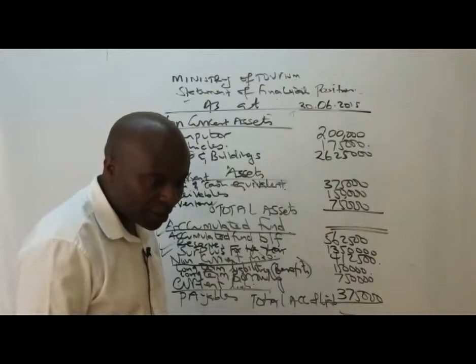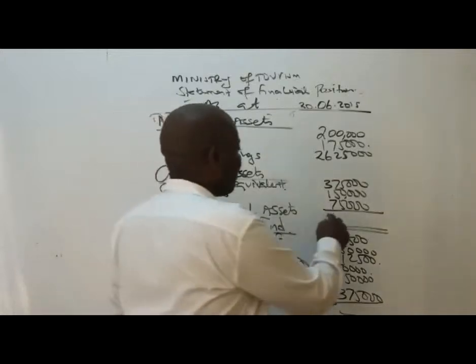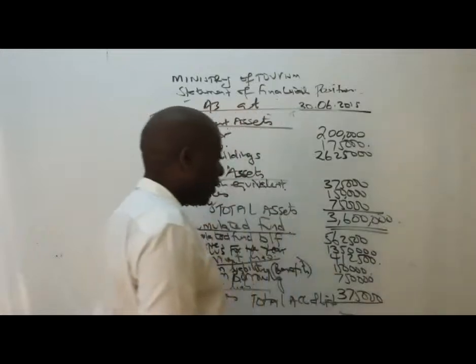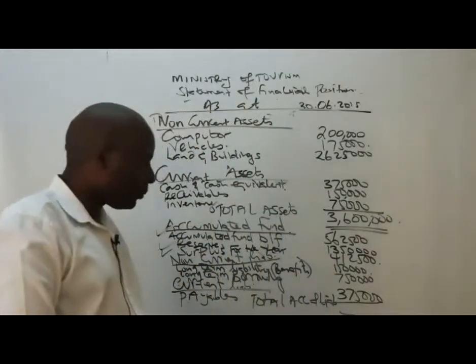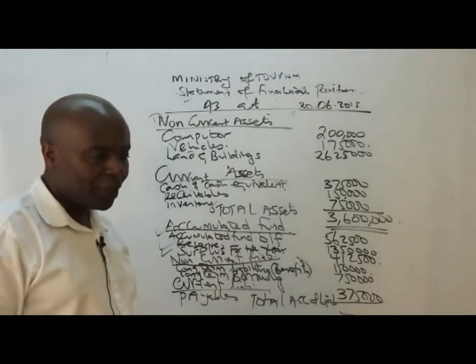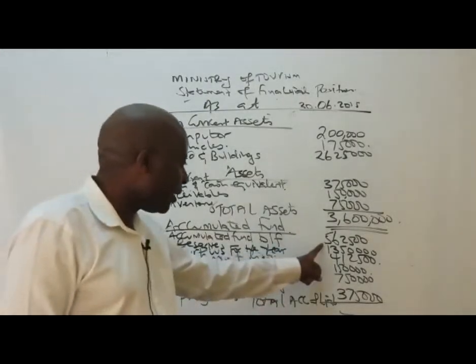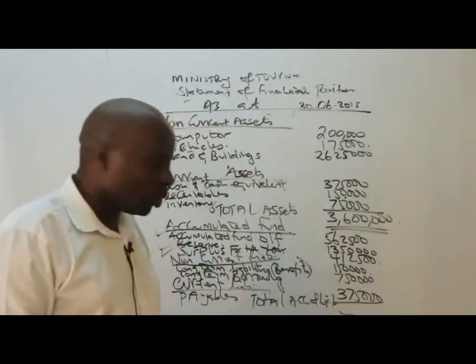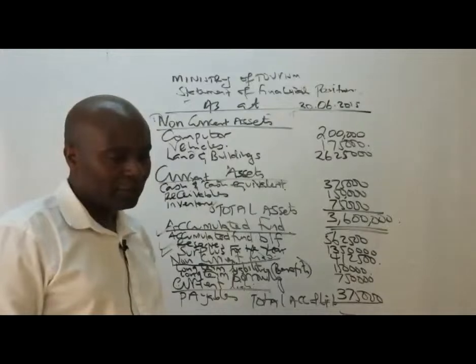Total assets, I'm being given a figure of 3.6 million. How about the total accumulated fund and liabilities?